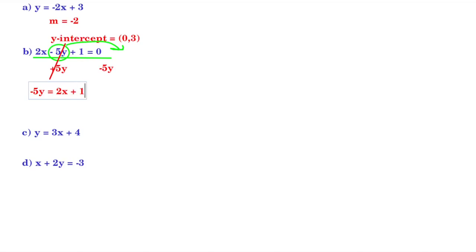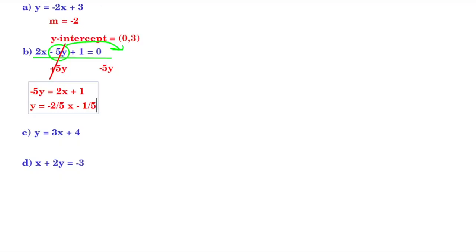Divide each term of the equation by negative 5. You get that y equals negative 2 over 5x minus 1 over 5.